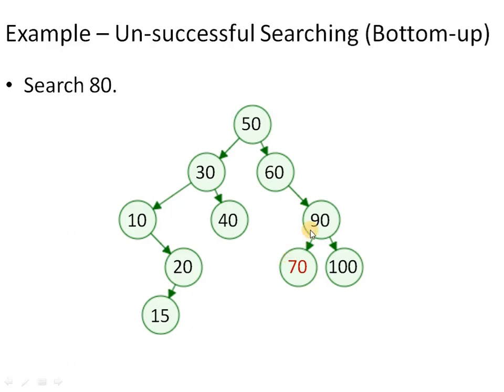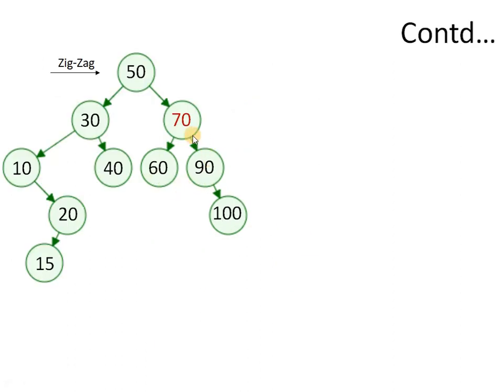So as you can see here, we have to first check the relationship of 60, 90 and 70. And again 60, 90, it is right child pointer relationship, and 90, 70 a left child pointer relationship. So we have to go for zigzag, and then finally we have to perform a single zig left rotation in order to make 70 the root of the tree.